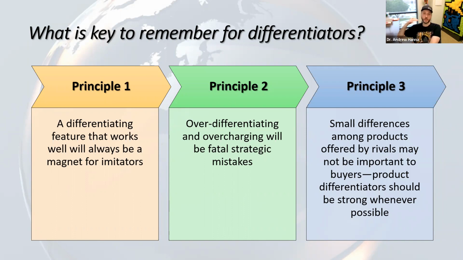We want to have strong differentiators that clearly express the uniqueness, the newness, the value very strongly. If it's only superficial, minute differences between our product and competitors, it might not even be a characteristic important enough to people to sway their purchasing decisions.